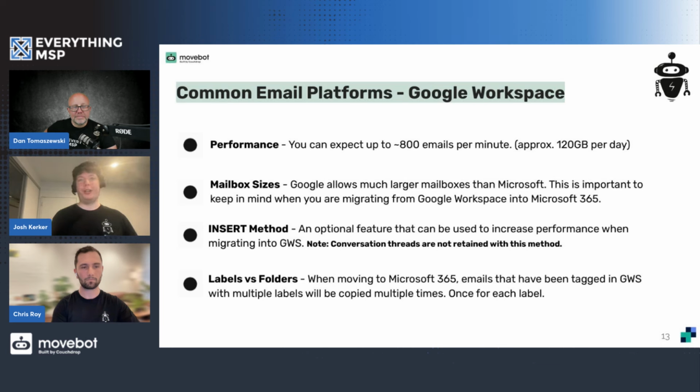Most users you encounter, I'm sure you would agree, just leave everything in their main inbox, and that's most of their emails. But they will still have a handful of emails that are multi-labeled. Yep, but I don't think I've ever seen one double in size.